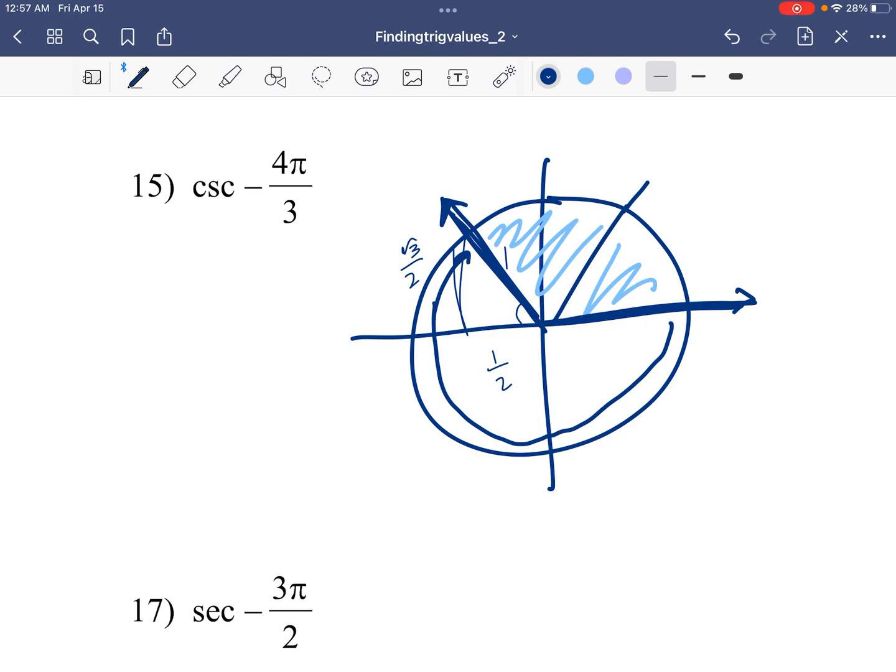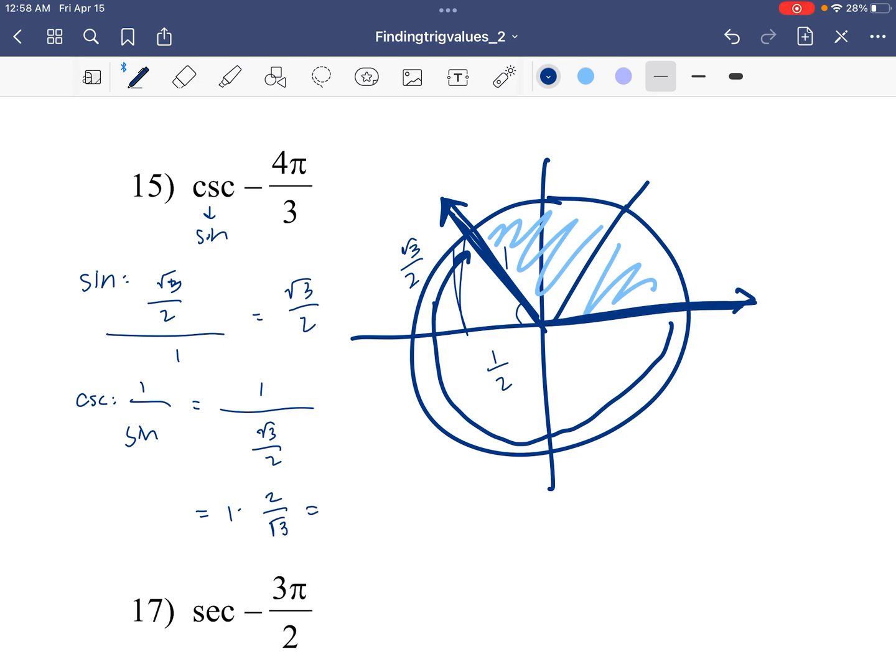And for sine, we're going to use the reciprocal of cosecant, which is sine, opposite over hypotenuse. Okay, so just write 3 over 2. Cosecant is 1 over sine. So 1 over the value of sine here that we just found, and then what you get is 1 times 2 over rad 3, and then multiply rad 3 on the top and bottom to get rid of the rad on the bottom.